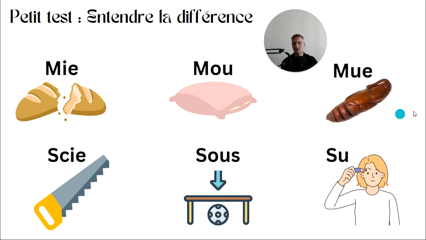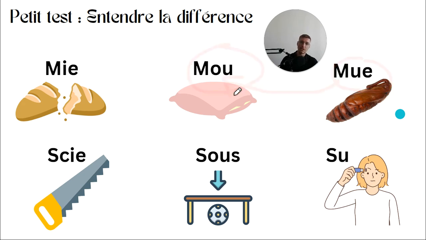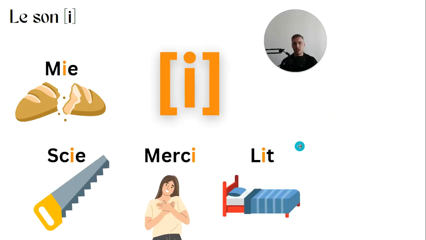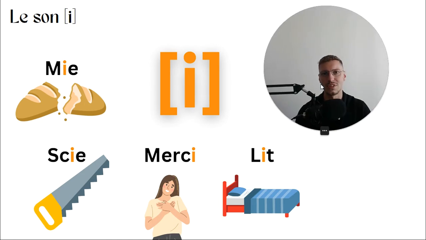So what happens 90% of the time is that every time there's the sound U, people just pronounce it like OU. However, it doesn't work like this. These are two different sounds. And for all the reasons I explained to you in the first chapter, you should make some effort to make the difference between these sounds.